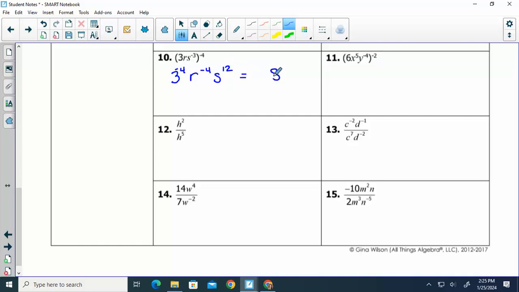Okay, so the s is positive, it's going to stay, everything else is going to go to the bottom. So 3 to the negative 4 is 1 over 81, or we can put the 81 on the bottom. If you have the 1 on top or not, it doesn't matter. And then the r to the 4 moves down to the bottom.